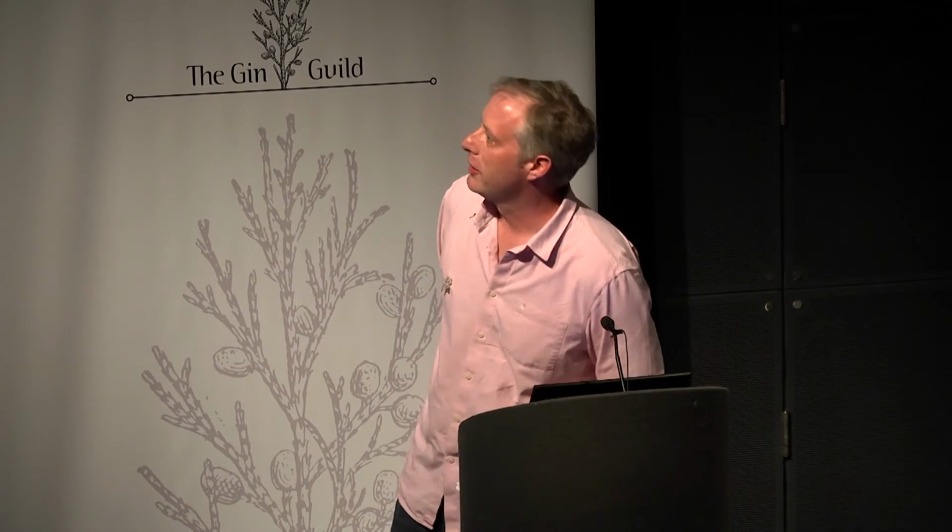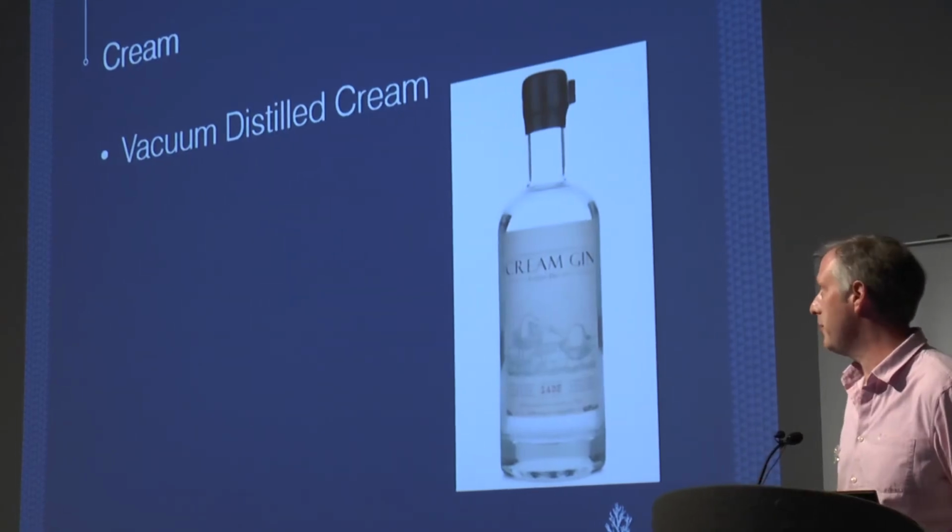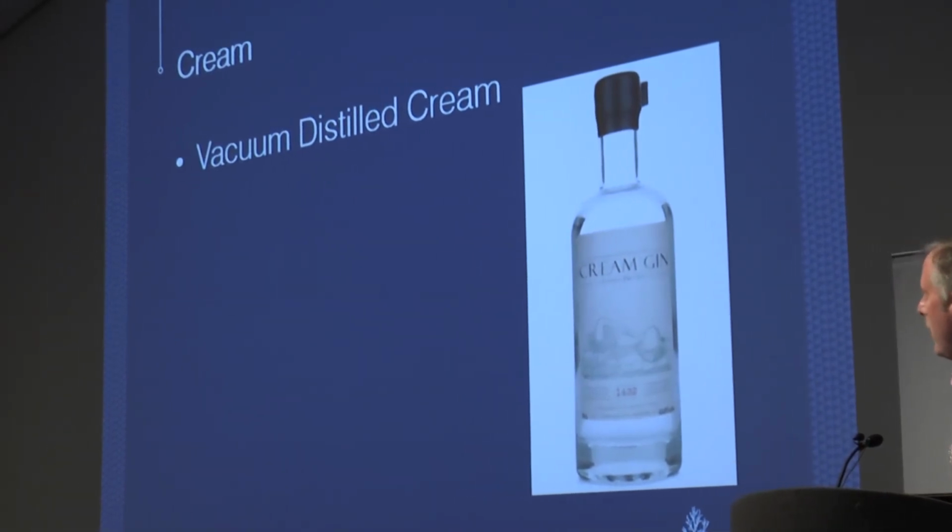Okay. Some distillers use ingredients which are not of botanical origin. I am really getting close to the end. They're not actually botanicals, so they're not of botanic origin. But we have an example of cream. This is made for Worship Street Whistling Shop, hard to say, especially after a couple of gins, by Masters of Malt.